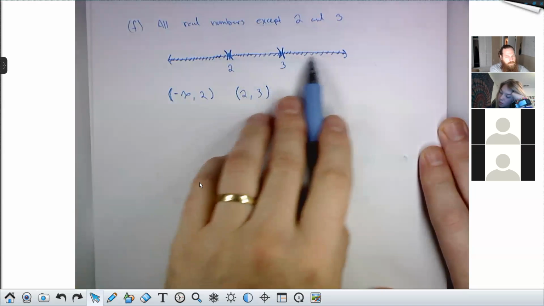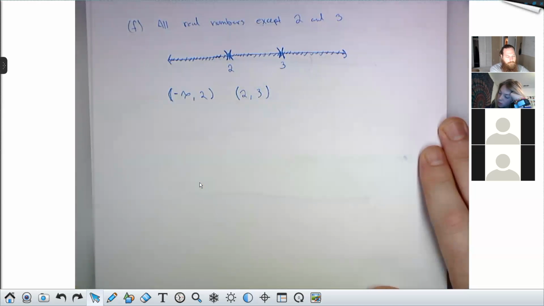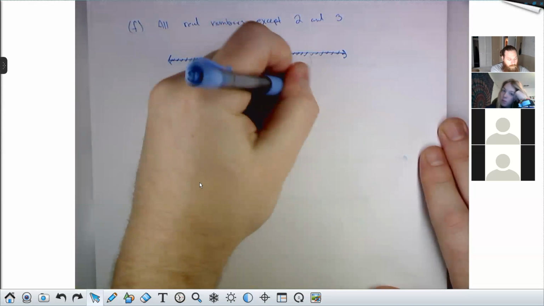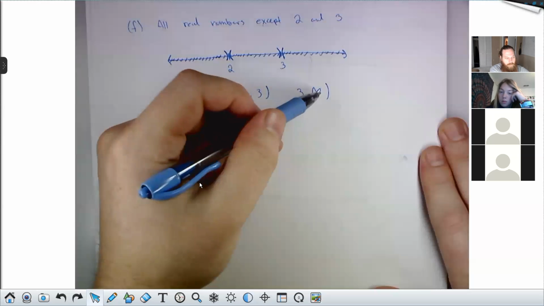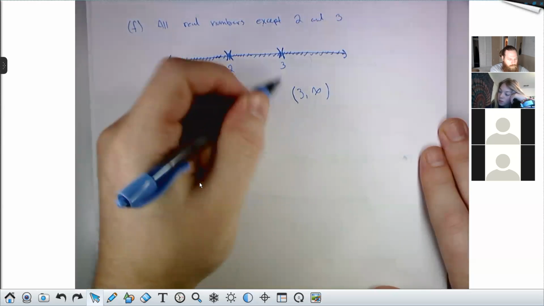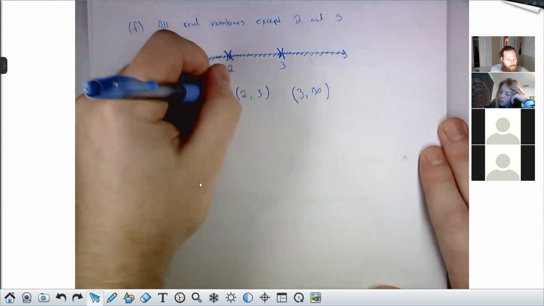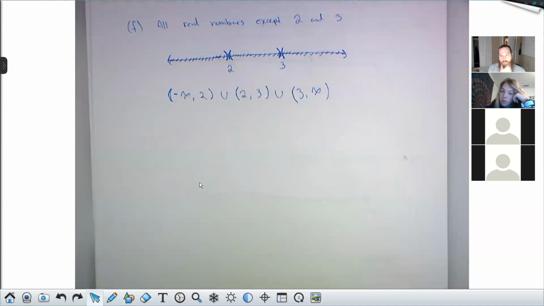And then finally, what is this guy over here? 3 to infinity. Good. This is the set 3 to infinity. And again, parenthesis on infinity, because we never include him, and parenthesis on the 3, because we don't want to include him. And then we would join these together with union symbols, right?